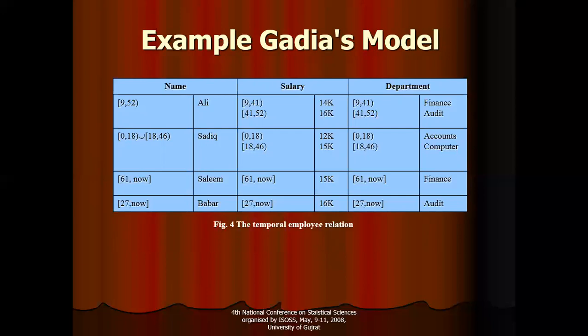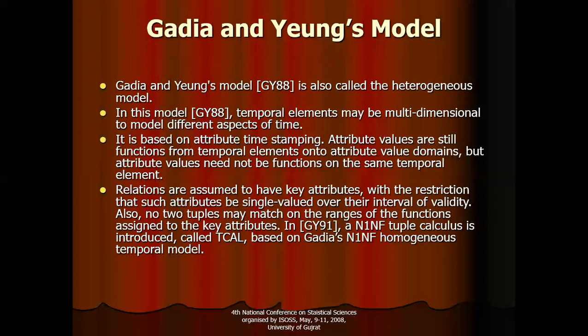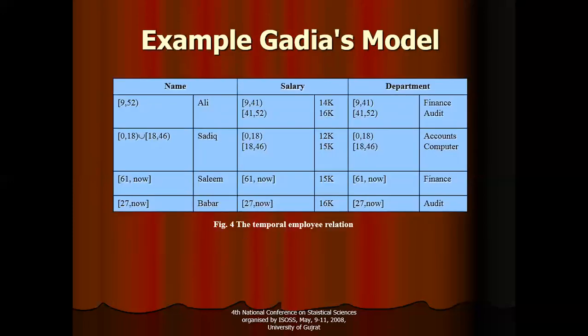You can see the interval is defined, and you can see the brackets, which represent closed and open intervals. So on the left hand side it takes the union, which defines the temporal element, as we discussed. In this way, Gadia represented his model, which is called HRM, Homogeneous Relation Model.